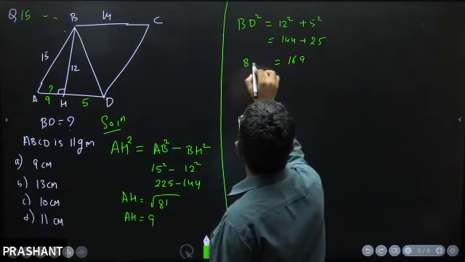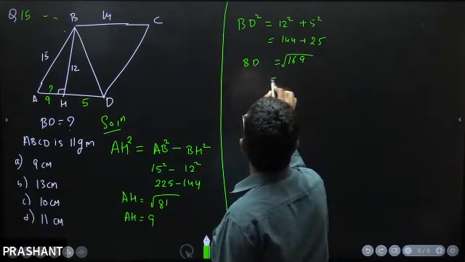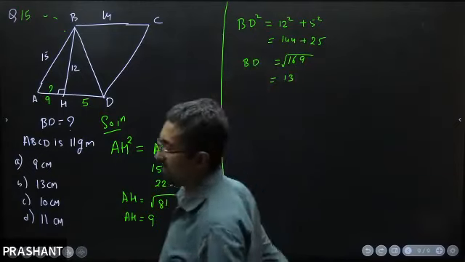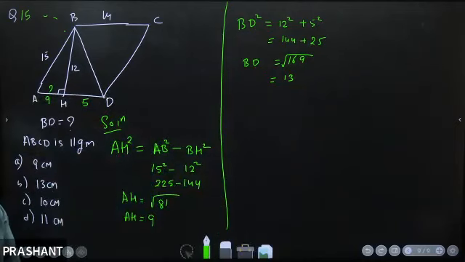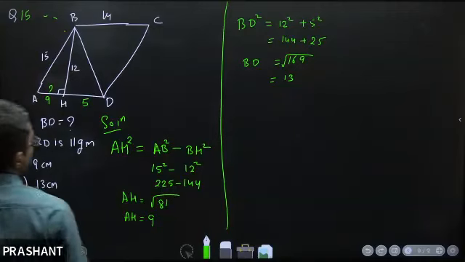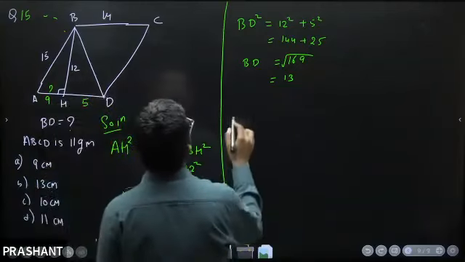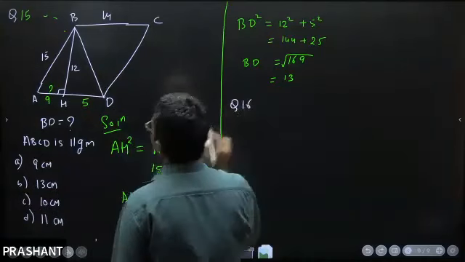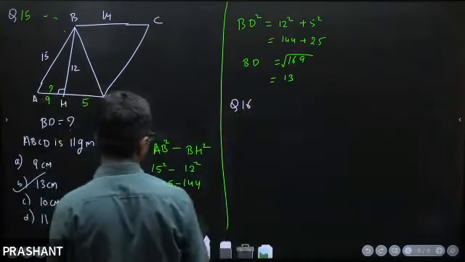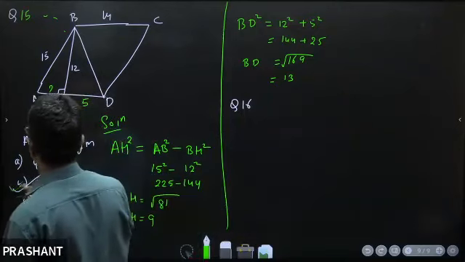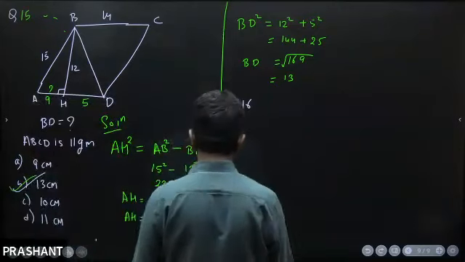So BD is root of 169, which is nothing but 13. Okay. The correct answer is 13. Okay, next one.